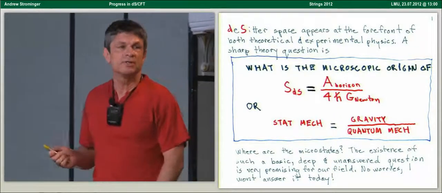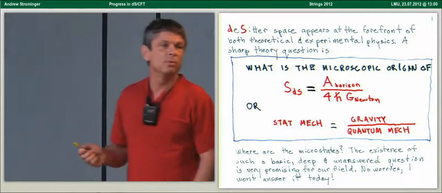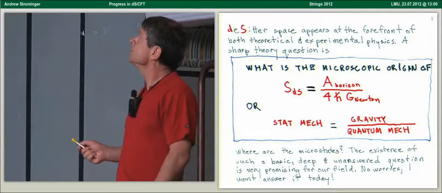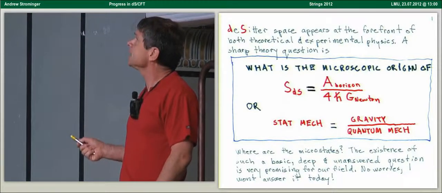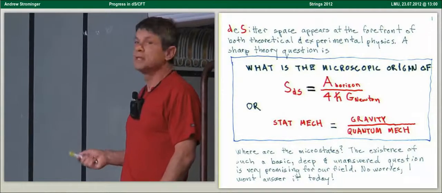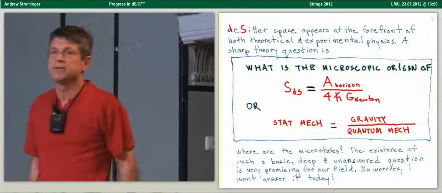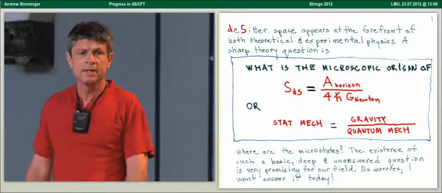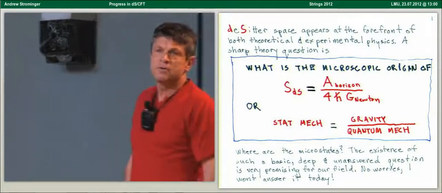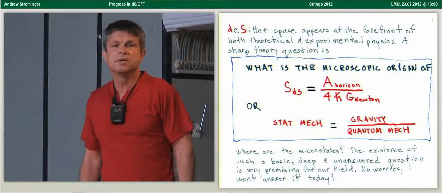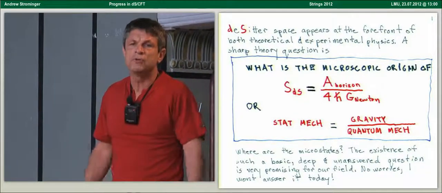It would be too much to say we've solved the problem, but we've certainly had some significant insights into understanding the black hole analog of this formula, using what we've learned from string theory and various investigations in quantum gravity and so on.